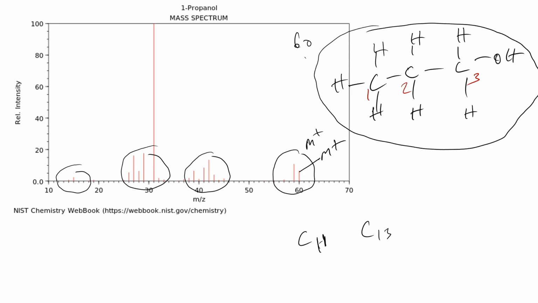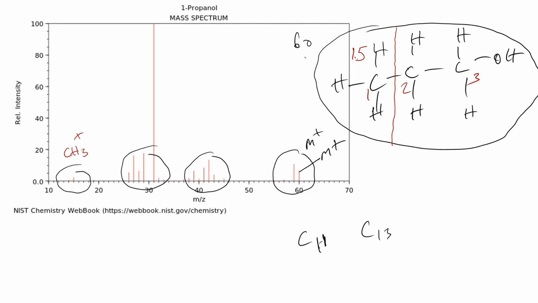When the bond between carbon 1 and 2 is broken, we're going to have a methyl, and methyl is 15. This 15 corresponds to this peak here. This is our methyl cation, CH3 plus.